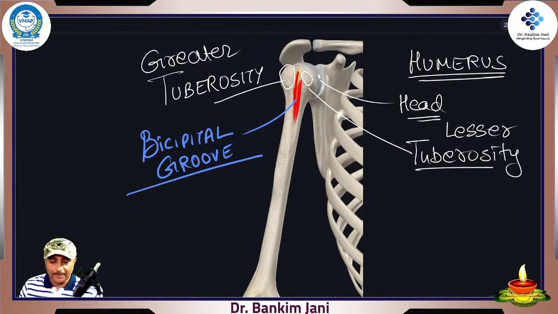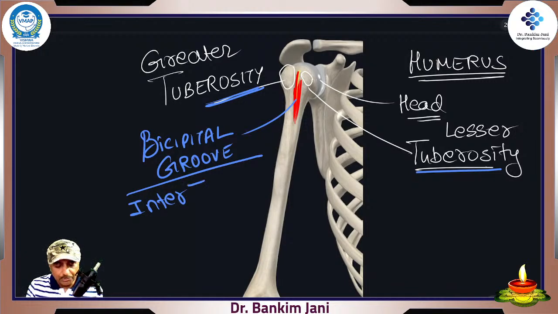But then, yes, BB, you are right, these two tuberosities are basically gundas. They say, hey, why not my name? So that's why this is also called, okay, baba, intertubercular sulcus. Sulcus means gap, valley.